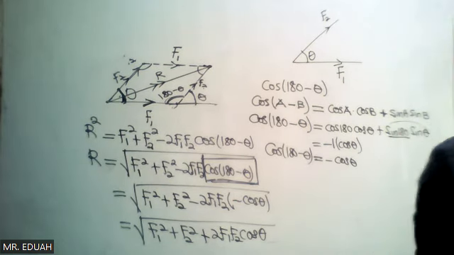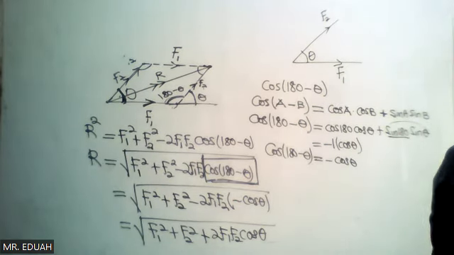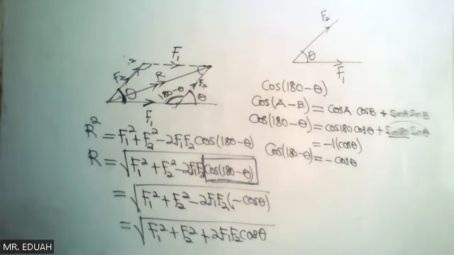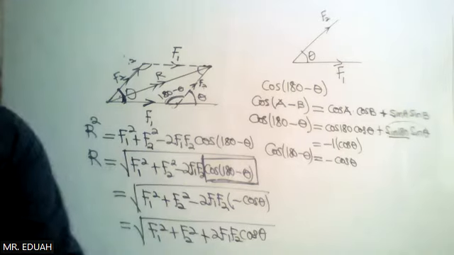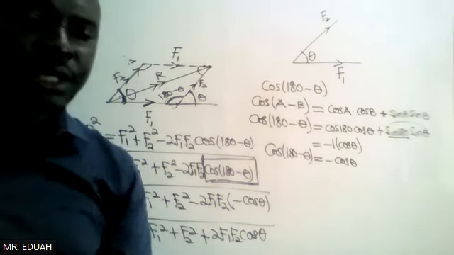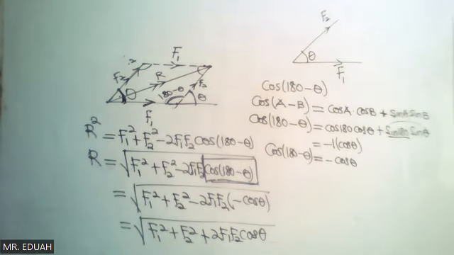Adoma, are you there? Yes, please. Okay. Sir, please, can you repeat the question? Pardon? Can you please repeat the question? The angle between two forces of magnitude 10 Newton and 15 Newton is 60 degrees.